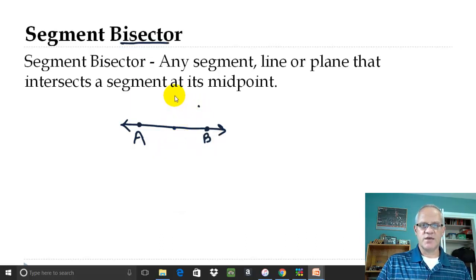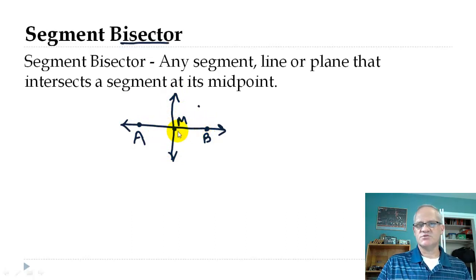If I drew another line that went through that, and this was the midpoint, I'll call it M, this line would be considered a segment bisector because it bisected or split AB into two equal parts right at the midpoint. So whenever you see that word segment bisector, it's another segment, a line, or even a plane, that splits a segment, in this case AB, right at its midpoint.